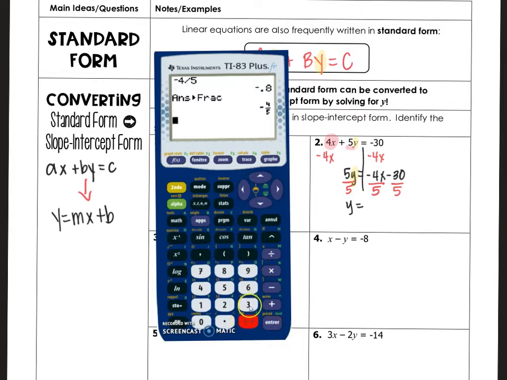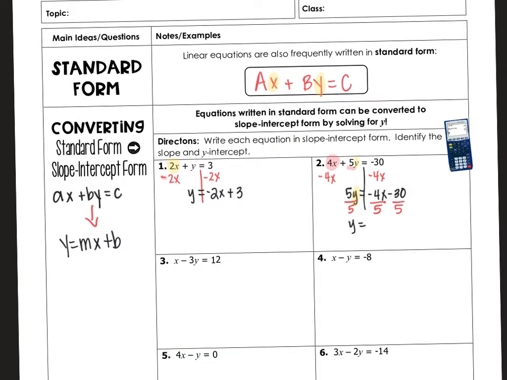Then negative 30 divided by 5 gives us minus 6. So we have negative 4/5 x minus 6, and this is our slope-intercept form.